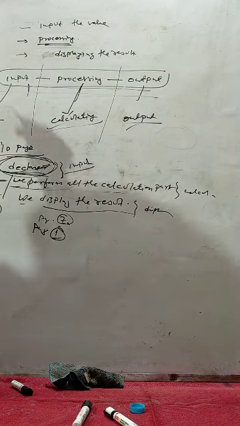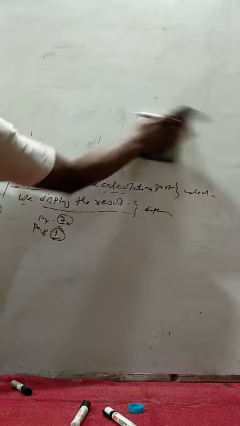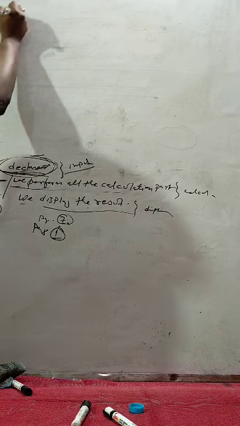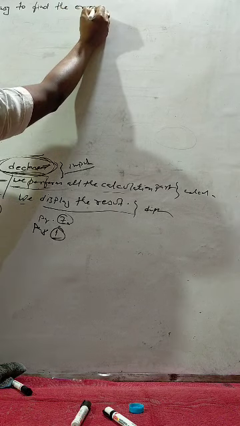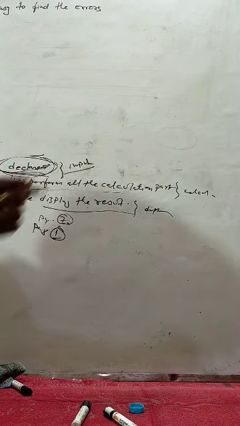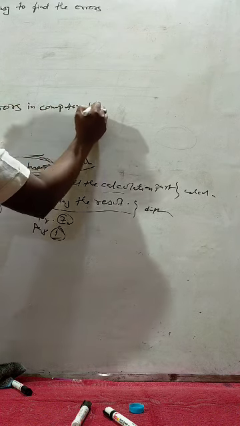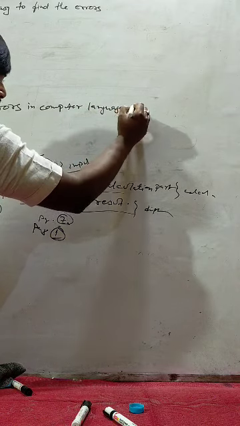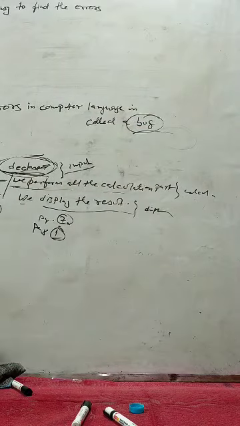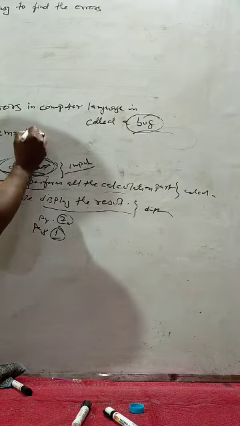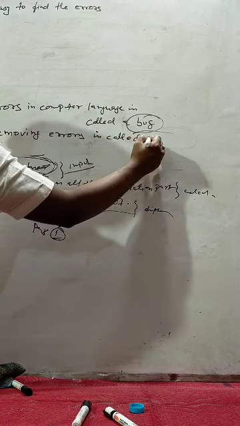So the last part of the advantages of using a function is: easy to find the errors. And one more thing, an error in computer language is called a bug, and the process of removing errors is called debug.